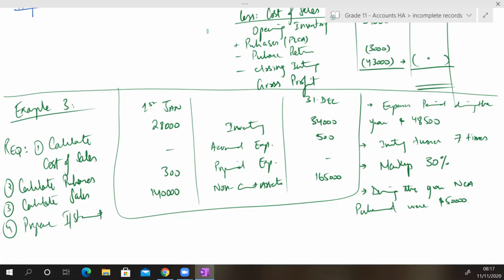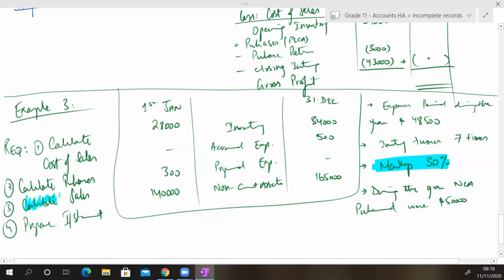Expenses को अगर मैं profit में add करूं तो शायद gross profit तक पहुंच जाऊं मैं. So you can use 30% markup. अच्छा, 30% मार्कअप को यूज करने के लिए मुझे सेल्स चाहिए होंगी. सेल्स पे मैं मार्कअप अप्लाई करूंगा तो कुछ इस तरह की वैल्यू आ सकती है ना.